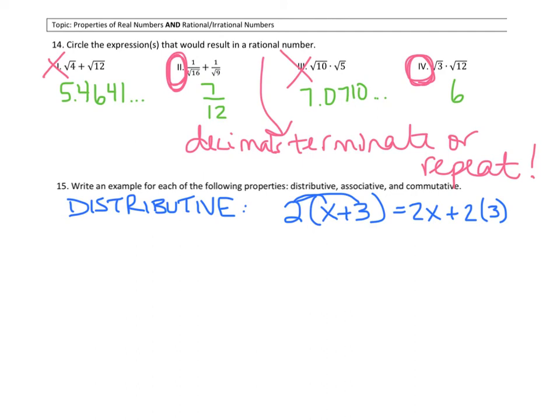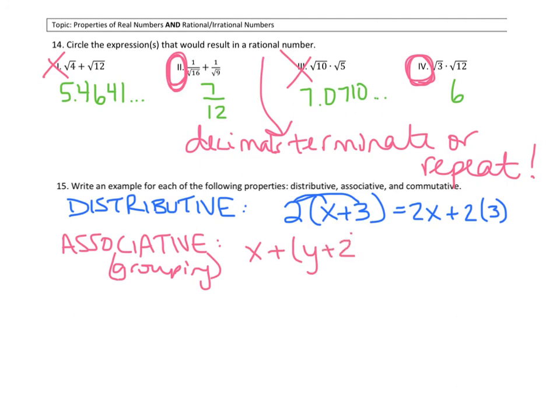The next property that we have is the associative. The associative is all about grouping. So keep in mind, it's all about grouping. If I had, for example, x plus parentheses y plus 2, right now what is grouped inside the parenthesis is the y plus 2.